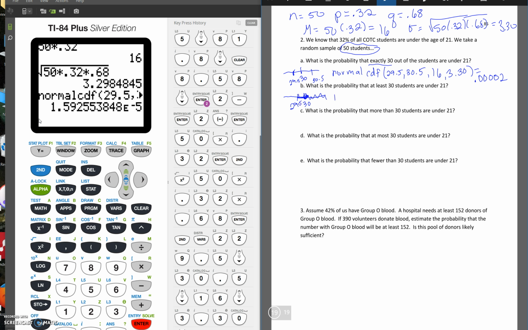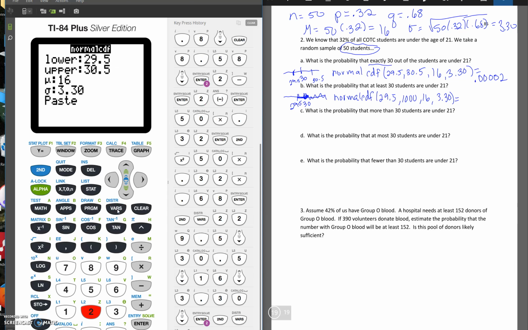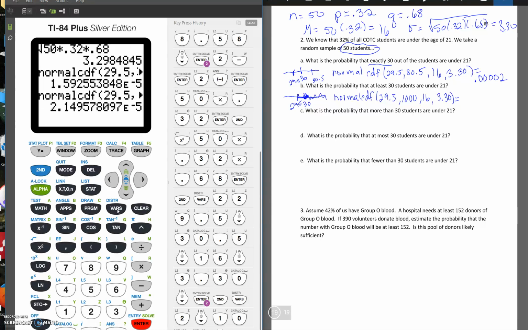So our interval will go from 29.5 up to 1,000, and then we'll keep the same mean and standard deviation. So again, this is scientific notation. Here we're going to have 0.00002.